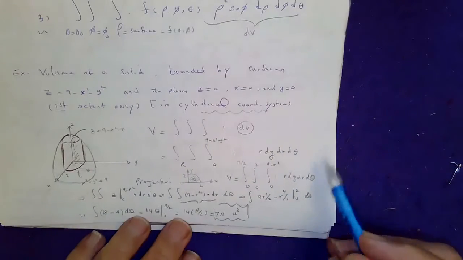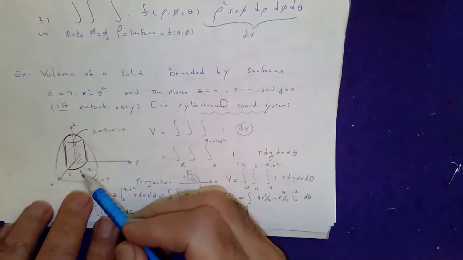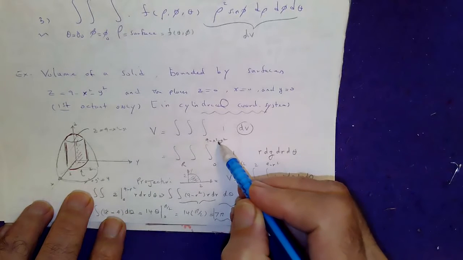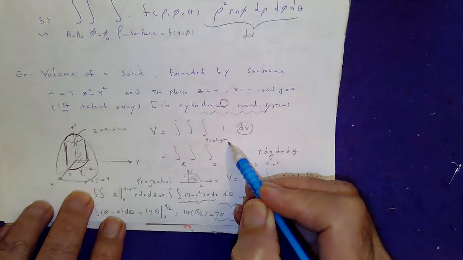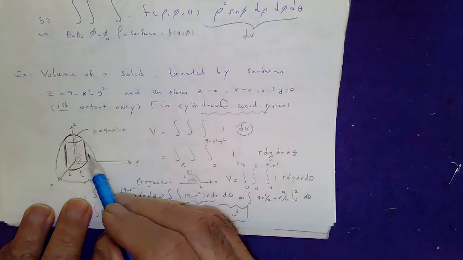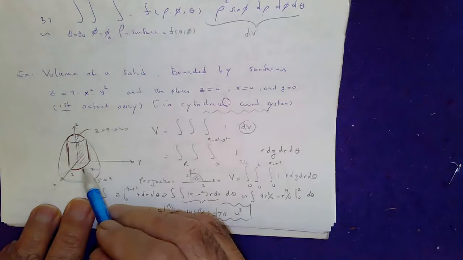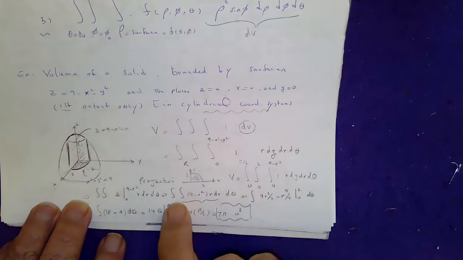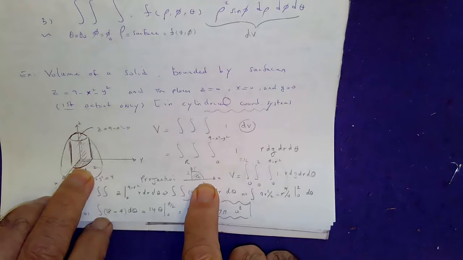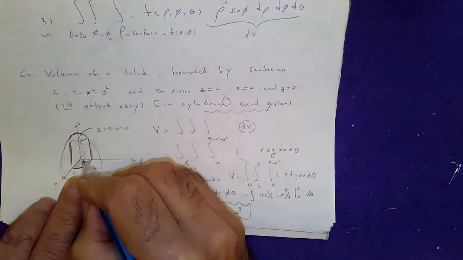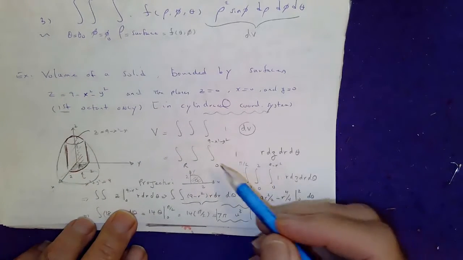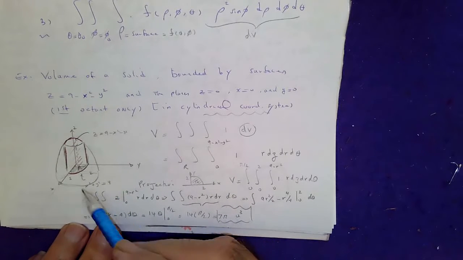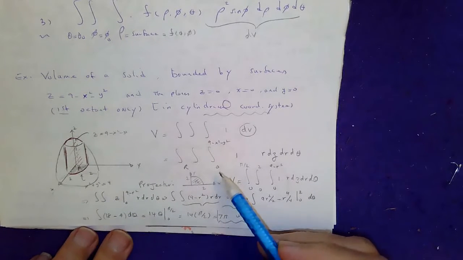Okay, so now z goes from the floor to this, which is 9 minus x squared minus y squared, but the projection of this surface on the floor is just a quarter of a circle with radius 2. Do you see it? So that's r. Because the projection, the shadow of the sphere, is a circle, it's nice to use what?